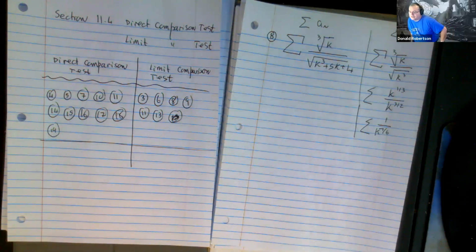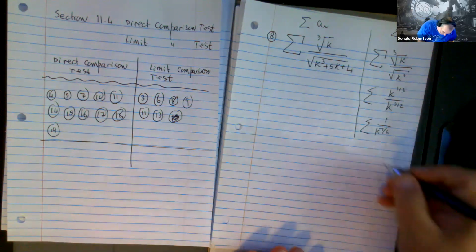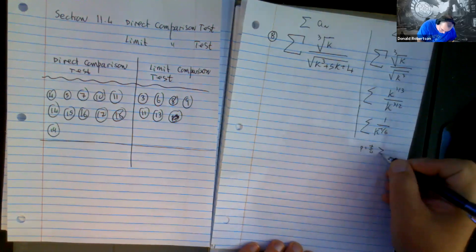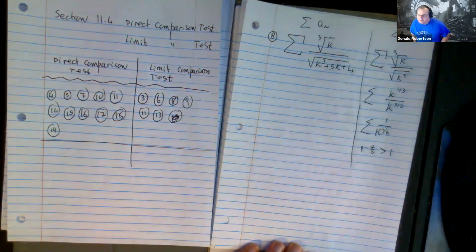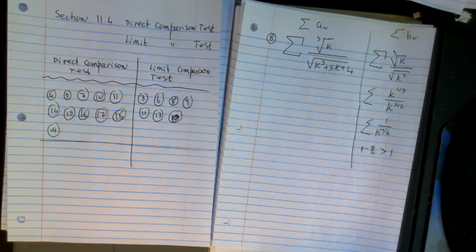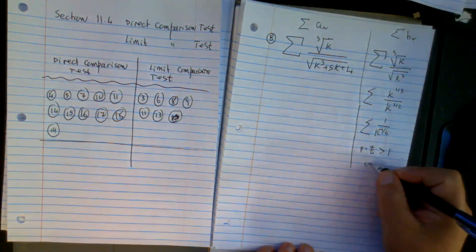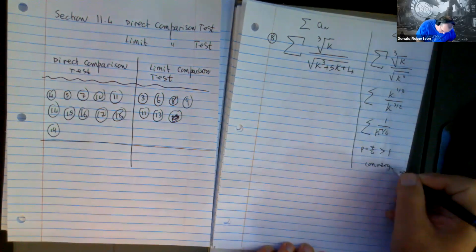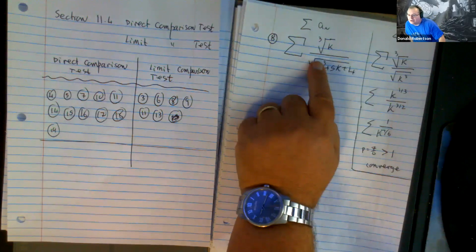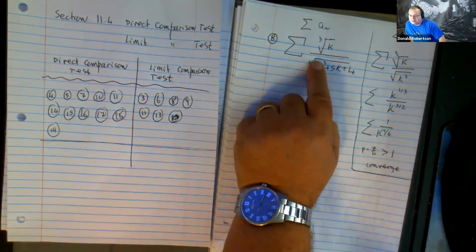Do you recognize that as a p-series? And the p-value is 7/6. And isn't 7/6 bigger than 1? And if the p-value is bigger than 1, do you converge or do you diverge? Converge.